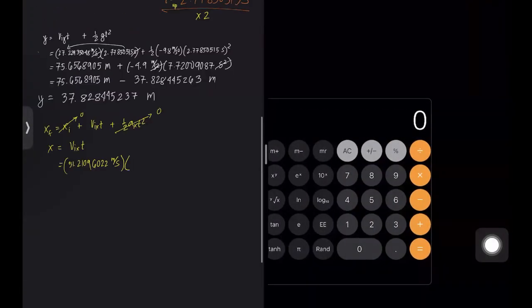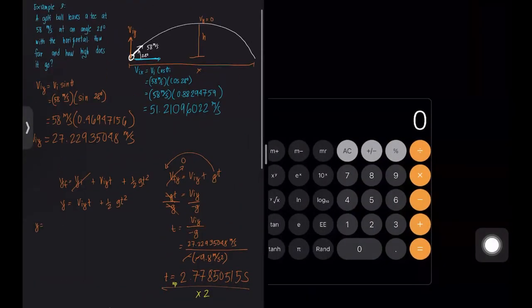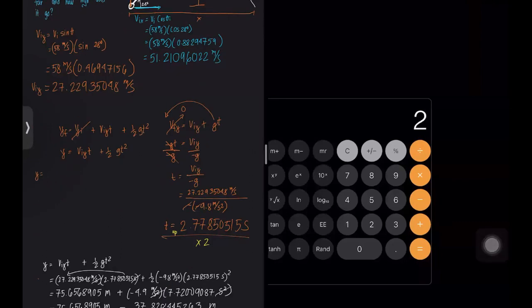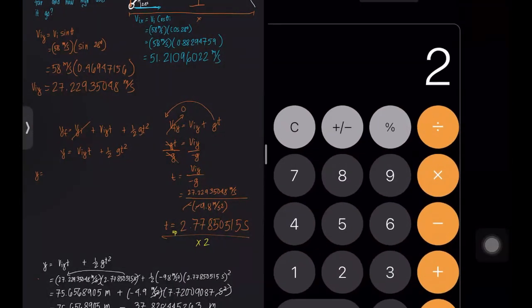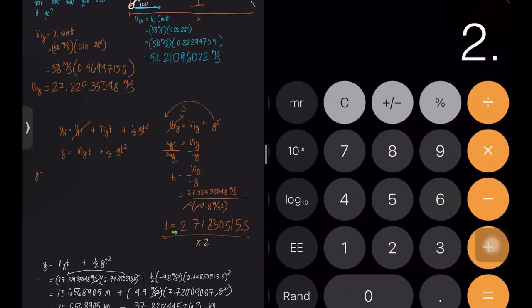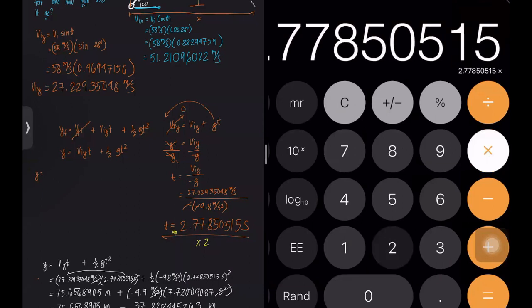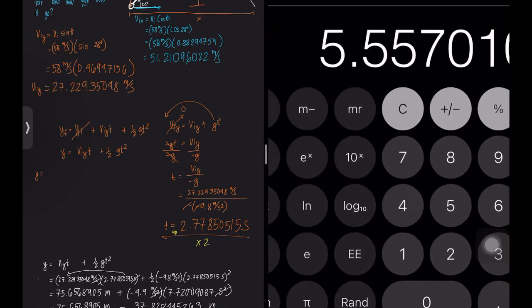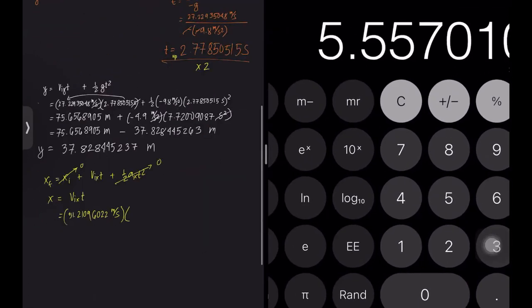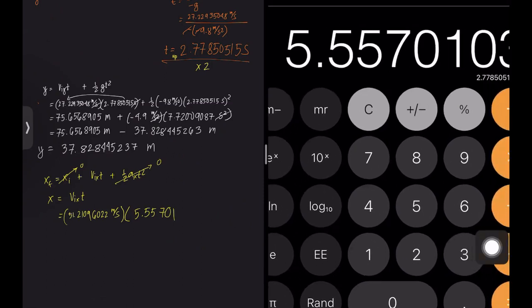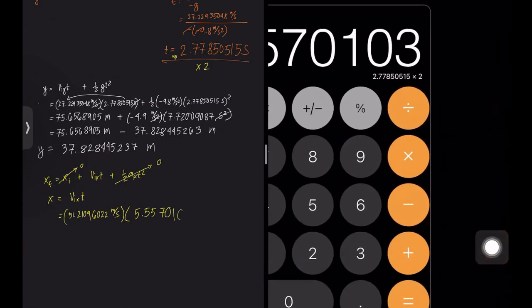So that is 2.77850 times 2. So you have there the value of the total time, 5.5570103 seconds.